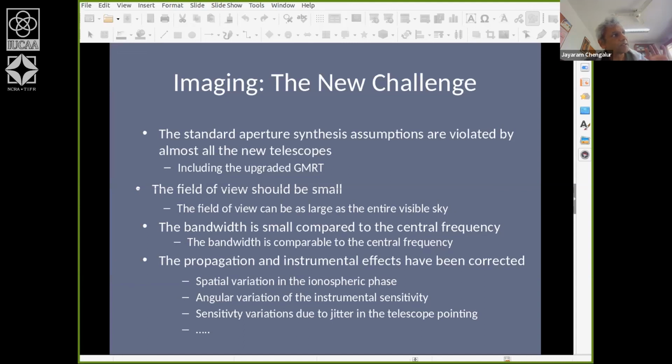We are assuming that this telescope is tracking the source perfectly, but this is a large mechanical structure, right? So it won't track it perfectly. It'll jitter a little bit. All of those will produce errors in your image. So this is, in a sense, the frontier where people are working to correct all of these so that you get better and better fidelity of your radio images.